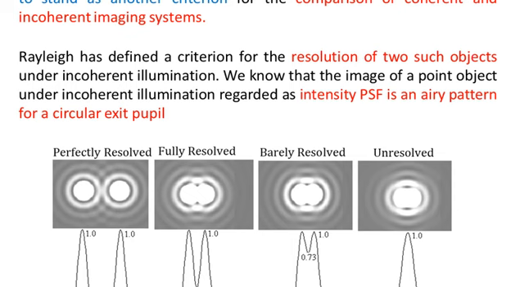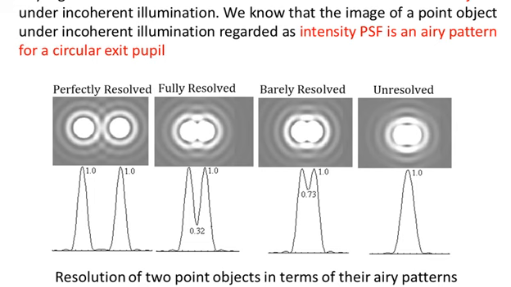For example, we have shown two airy patterns on the left hand side, labeled perfectly resolved. The two airy patterns are distinct from each other, and you can also see their cross-sectional view at the bottom. That is, the two peaks are very well separated from each other. It means that these two points are very well resolved.